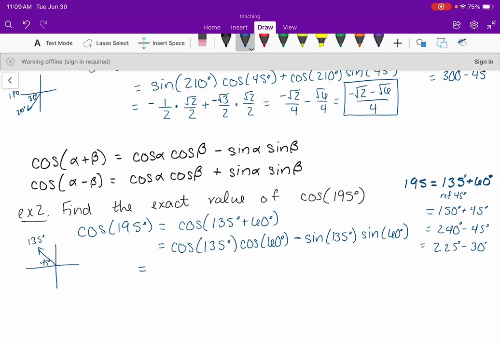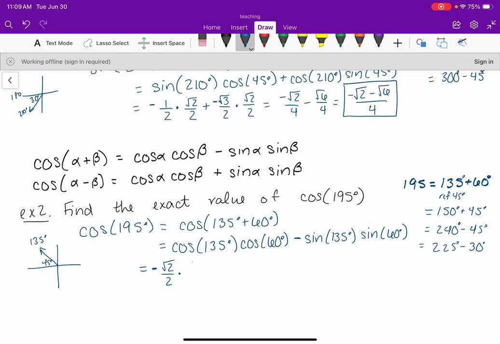It has a reference of 45. So cosine 135 would be root 2 over 2 negative. Cosine of 60 is 1 over 2 minus sine of 135 is root 2 over 2, and sine of 60 is square root 3 over 2.